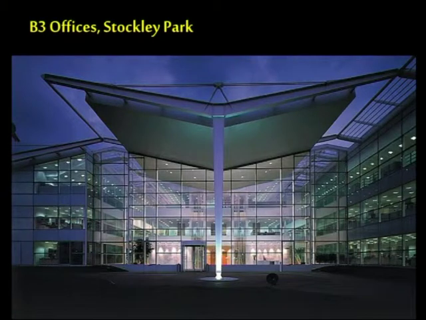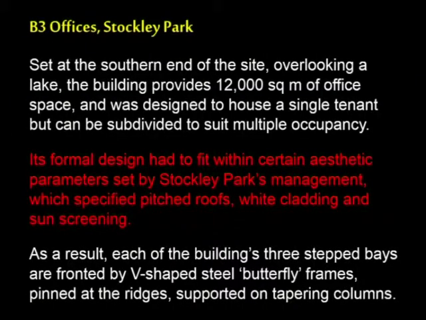Set at the southern end of a site overlooking a lake, this building provides 12,000 square meters of office space and was designed to house a single tenant, but can be subdivided to suit multiple occupancy too.